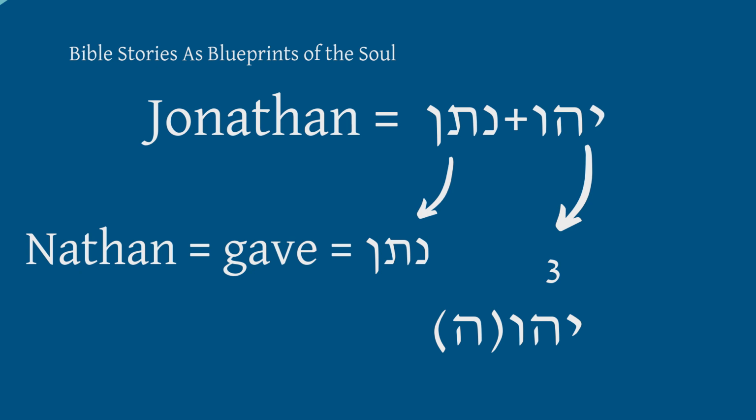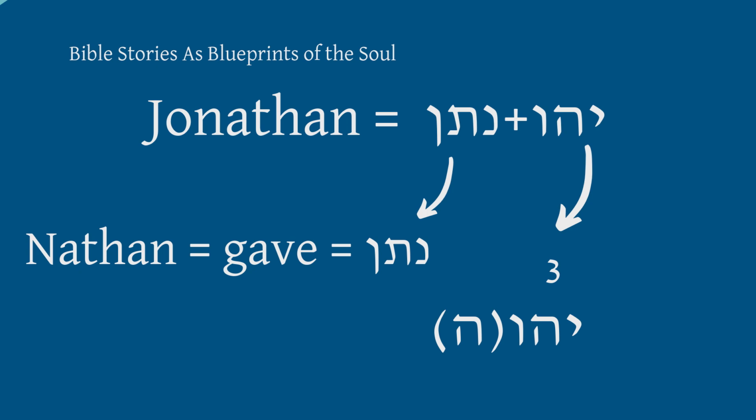Natan in Hebrew means he gave. So, what does the name Yehonatan mean in Hebrew? The tetragrammaton already gave us everything. What we only need to do is to receive.